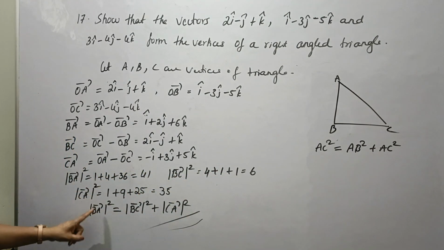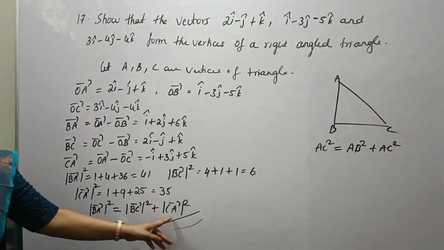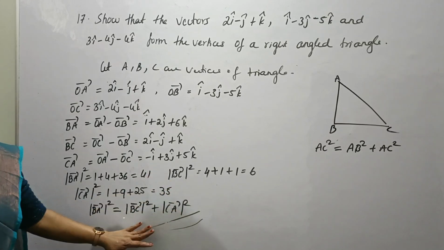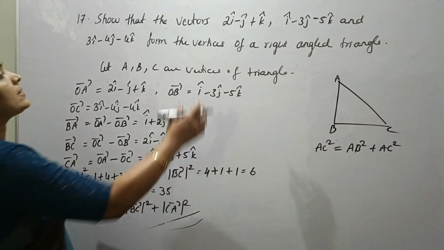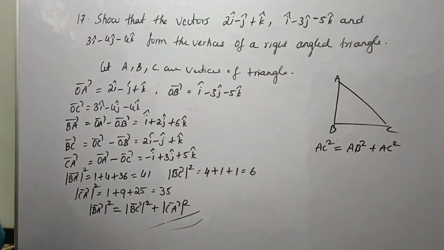By Pythagoras theorem, we can say these vectors form a right angle triangle.